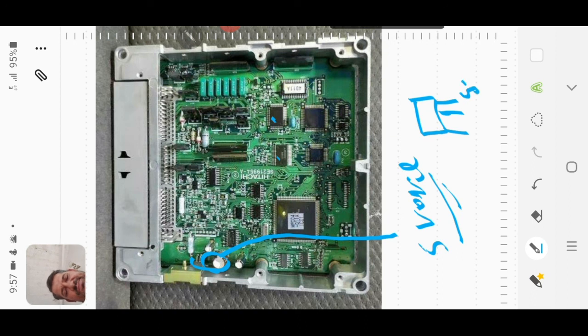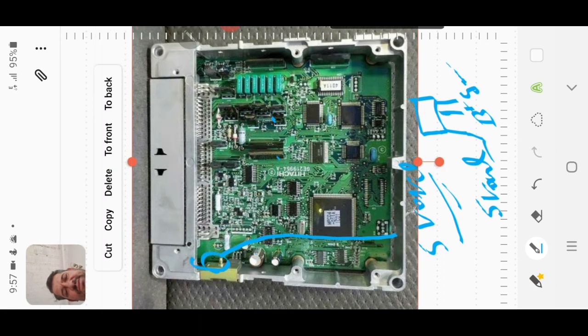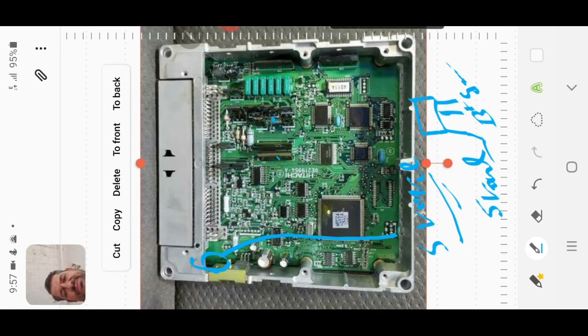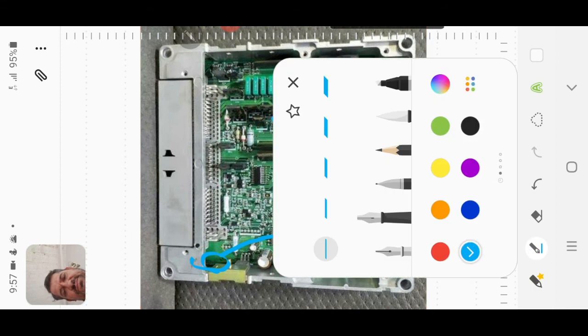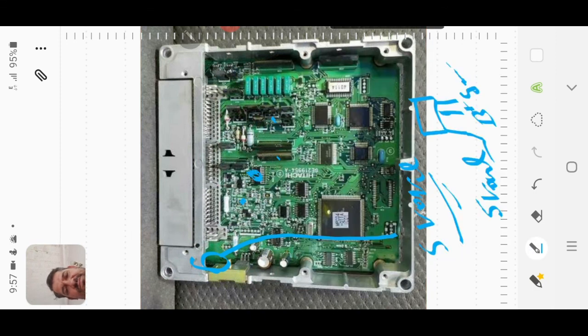Ground, positive, 5 volt out. This is also a failure part, but the most common failure parts are this one, these 6 injector parts, and the idle air volume.